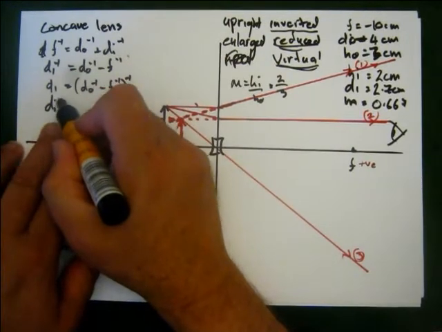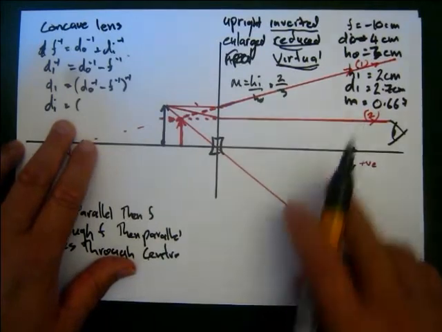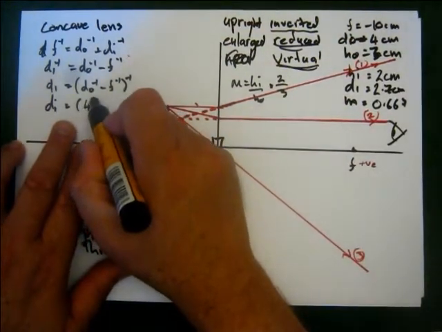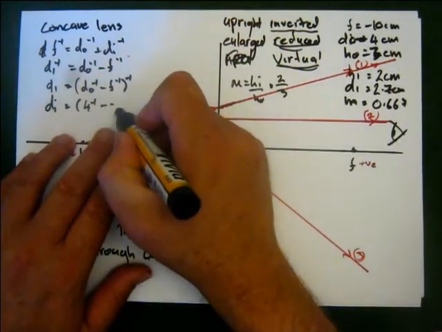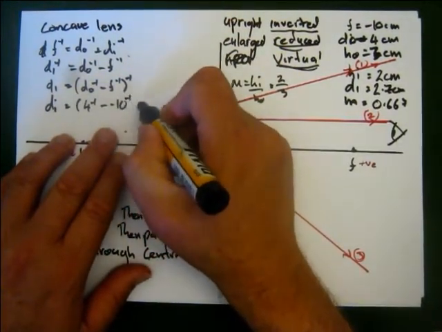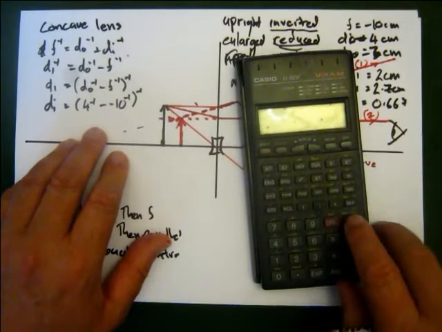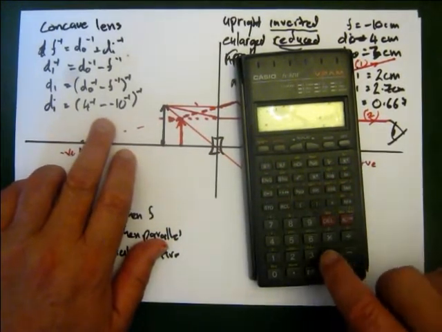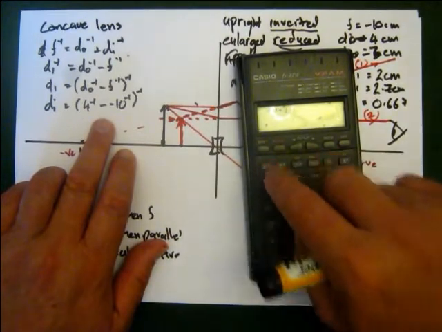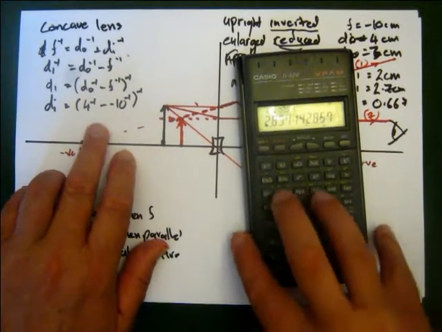So DI is going to equal DO, the object we set up at 4 centimeters, minus 10, but remember 10 is minus 10 itself, and I take the inverse. So basically that's 4 inverse minus minus 10 inverse, which is plus 10 inverse, and take the inverse of that.